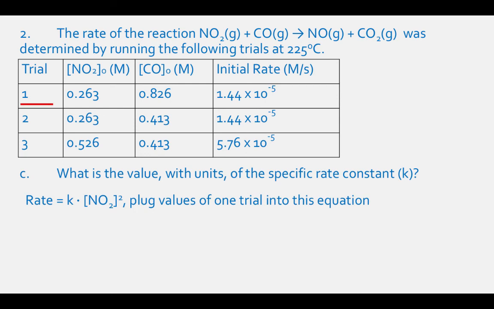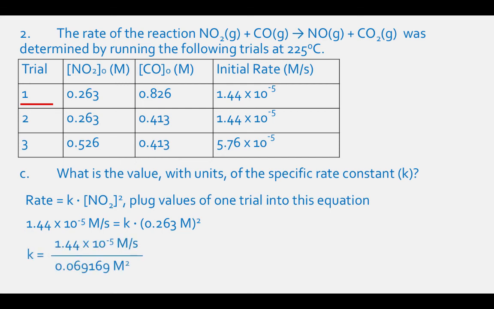Therefore, we will have 1.44 times 10 to the negative 5 molar per second equals K times 0.263 molar squared. K, therefore, equals 1.44 times 10 to the negative 5 molar per second divided by 0.069169 molar squared. K equals 2.08 times 10 to the negative 4, and the units are 1 over molar times second.